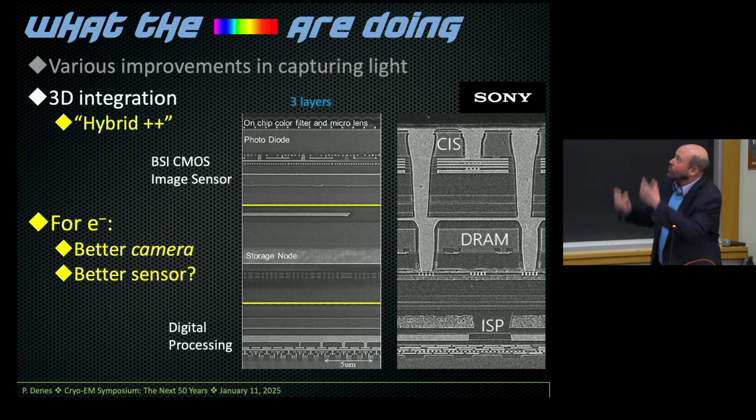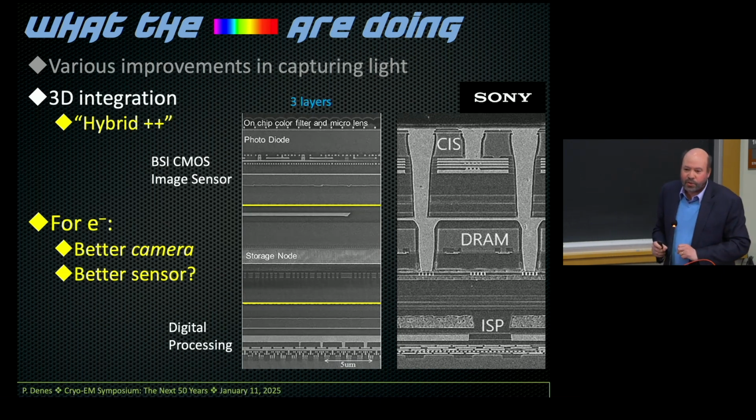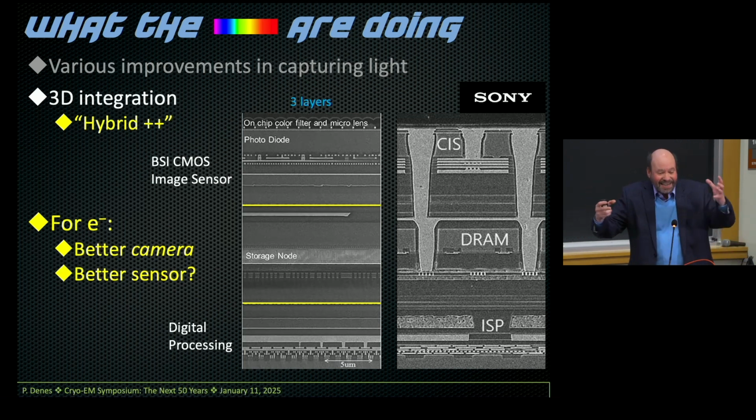So what are these visible light people doing now? Well, a lot of what has been done is processing of the semiconductor to improve the capture of visible light. Does nothing for us. But an interesting thing is they are going super hybrid by the use of 3D integration, which allows connecting different pieces of silicon at very fine pitch.